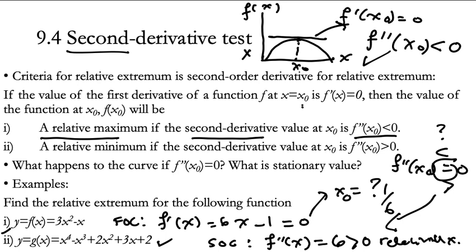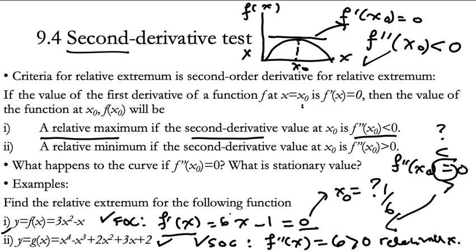Okay, so now we have done FOC, we have done SOC. When we have FOC, f prime x equals 0, that is not sufficient for us to detect whether the graph has a relative maximum or minimum. That's why it leads to the second derivative test.